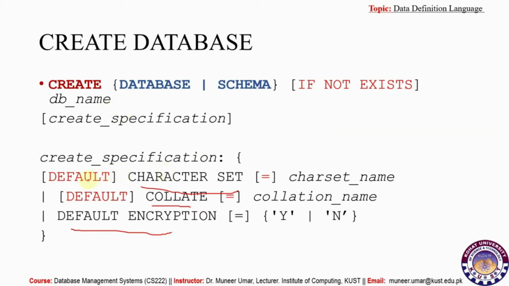You can type default if you are using the default character set, and if you are specifying a character set, for that purpose you must type character set equals the name of the character set, and then collate equals the collation name, and also default encryption yes or no.